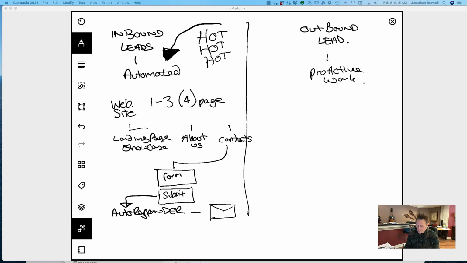Then, what's the expression? Early bird catches the worm, right? You will absolutely not be the first person that they're reaching out to. If they are reaching out to you, they are probably doing it with multiple people. The faster you can respond to their inquiry, the more chance you have of closing the sale.